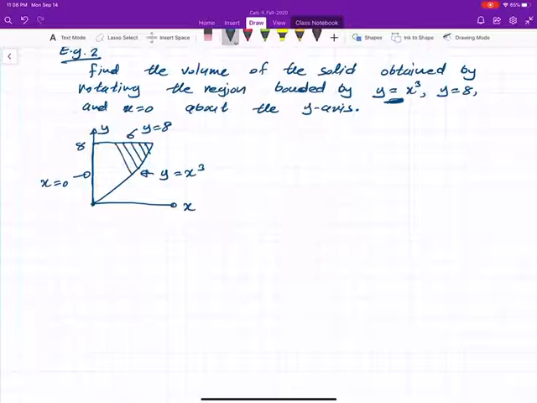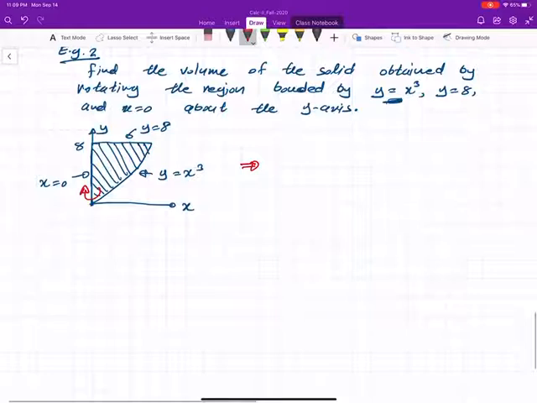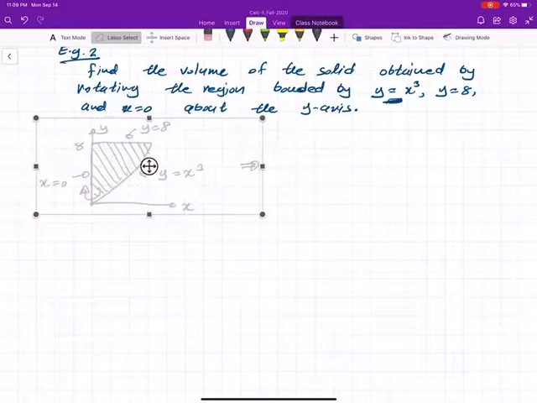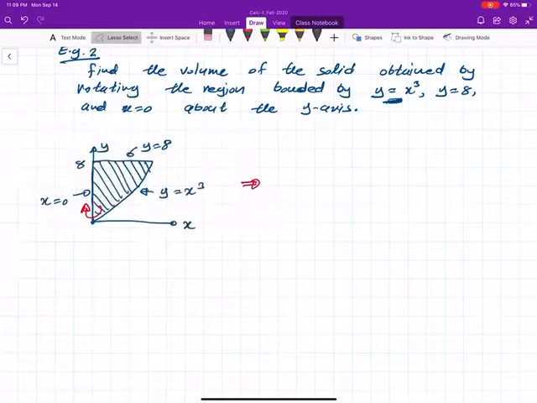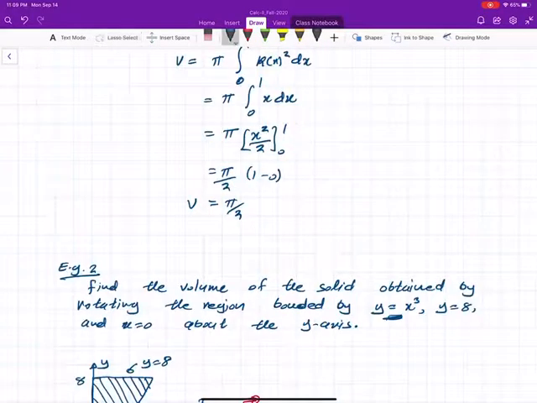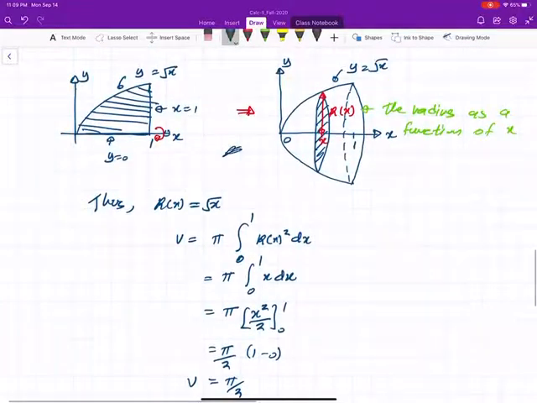So you take that area and then you rotate that about the y-axis. Okay, you rotate like that about the y-axis, and that also makes a paraboloid, like we discussed earlier. That's also a paraboloid, but the shape is different. In the previous case, this paraboloid was symmetric about the x-axis.